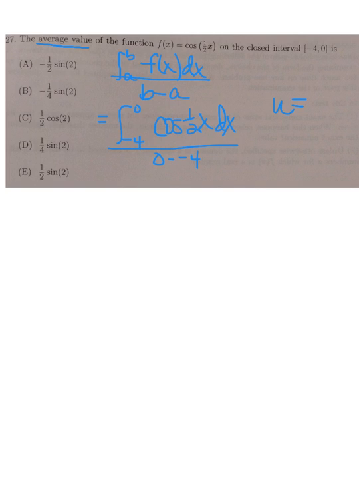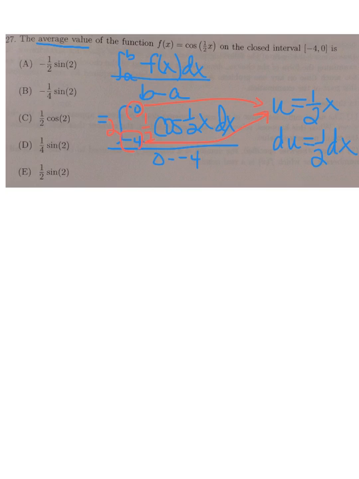So I know my u is 1/2 x, and then that would mean that my du is going to be 1/2 dx. Okay, so then that being the case, I'm going to need a 1/2 on the inside, which means I'm going to need a 2 on the outside. And don't forget, when we're doing u substitution with bounds, those bounds have to go into the u so that we can create new ones, right?